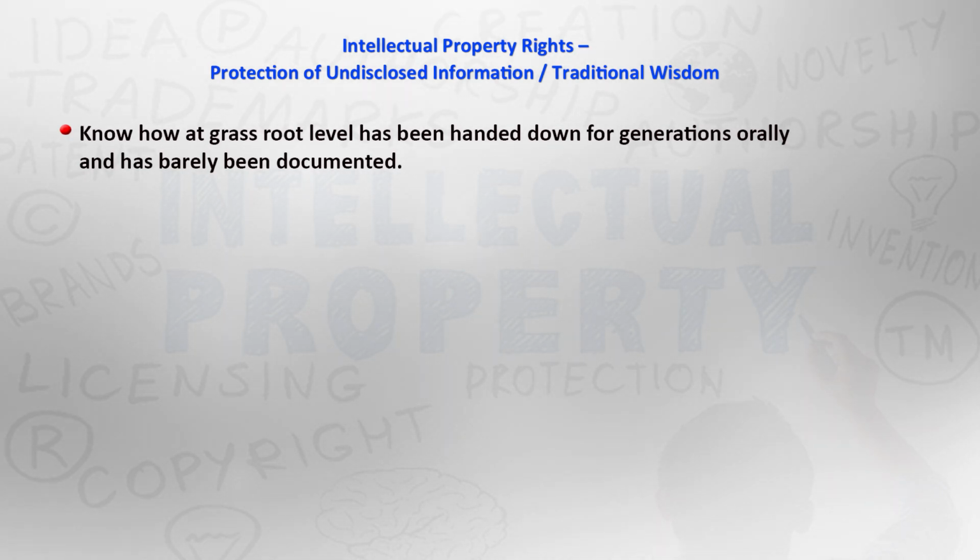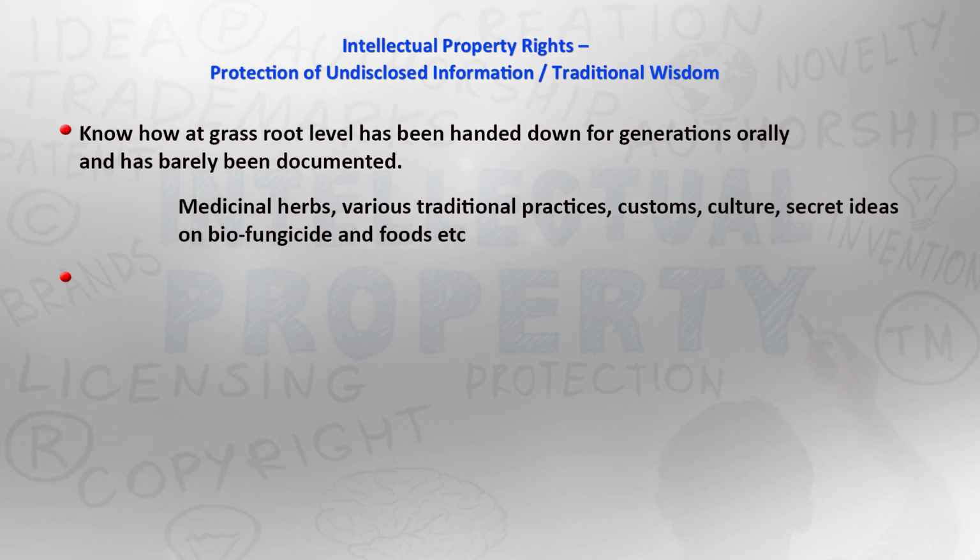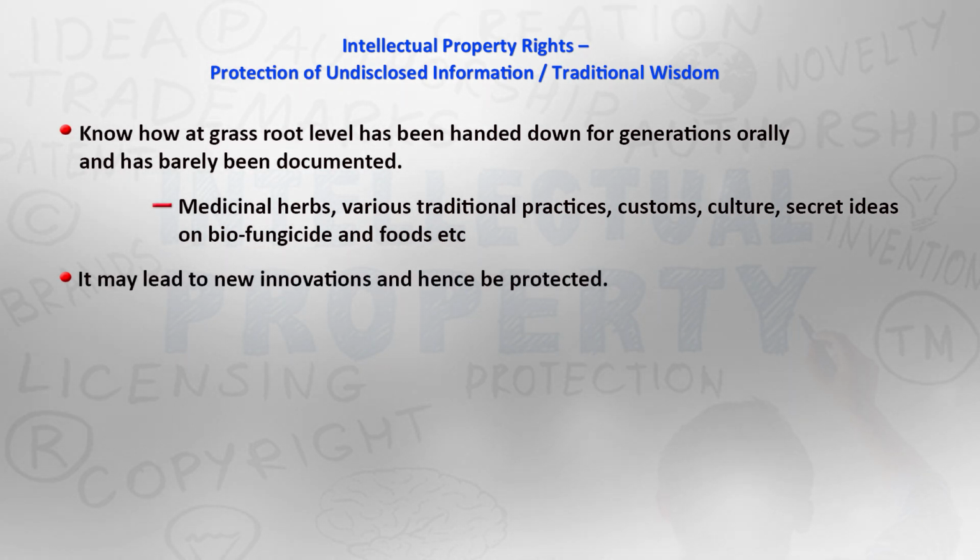A lot of knowledge and skills are there in societies, and that has been handed over to new generations without any written document, like medicinal herbs, various traditional practices, customs, culture, and secret ideas on biofungicides and food, etc. It may lead to new innovations and hence needs to be protected. So this is another form of intellectual property.